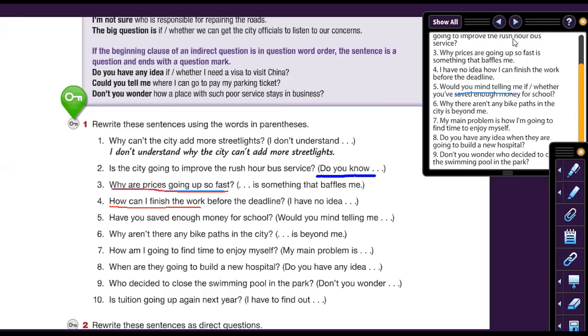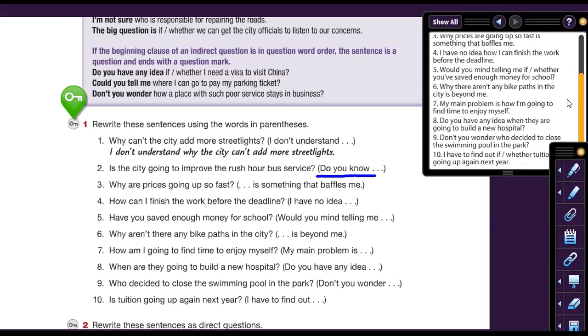And the last one, 10. I have to find out if tuition is going up again next year. Correct. Tuition.